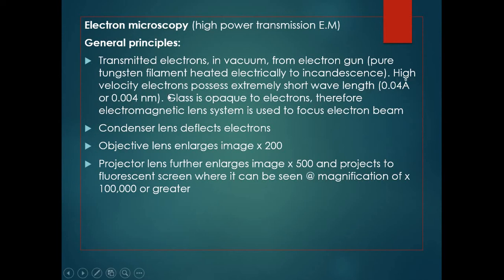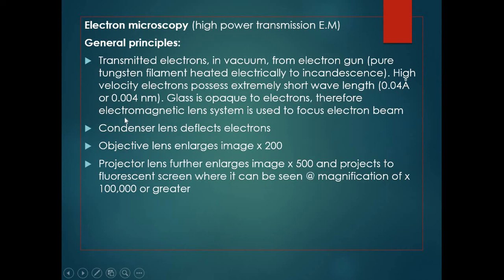The high velocity electrons have an extremely short wavelength, 0.04 angstrom or 0.004 nanometer. Glass is opaque to electrons, meaning electrons cannot pass through glass.